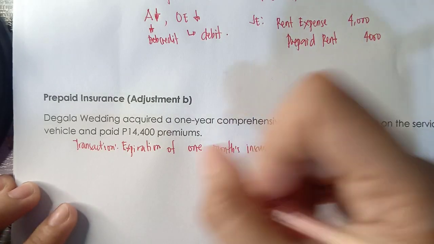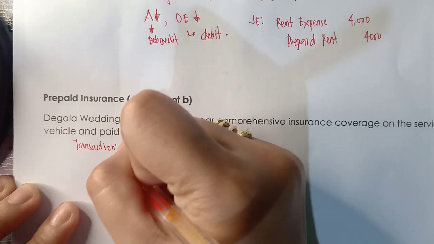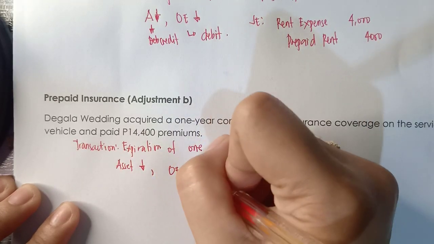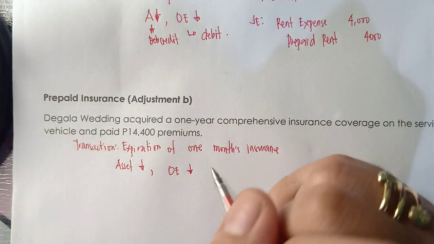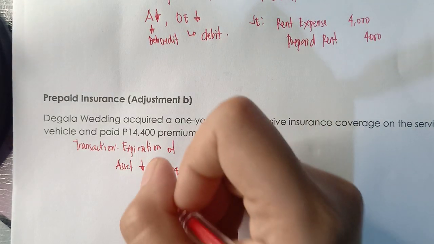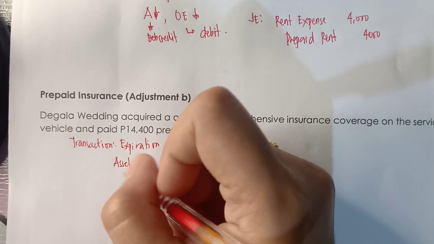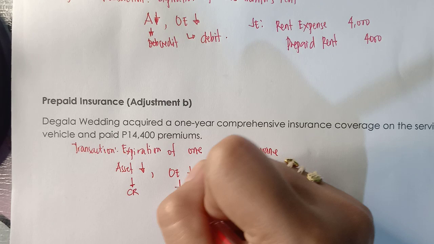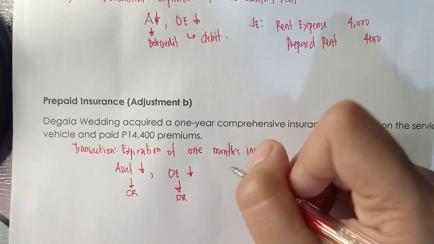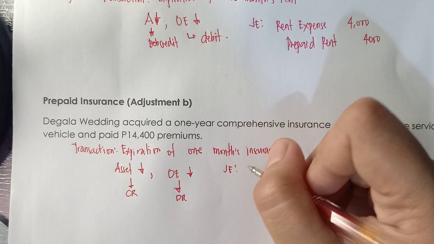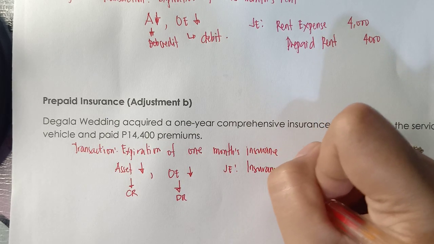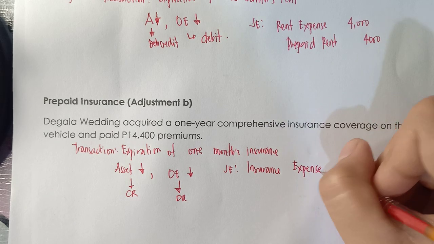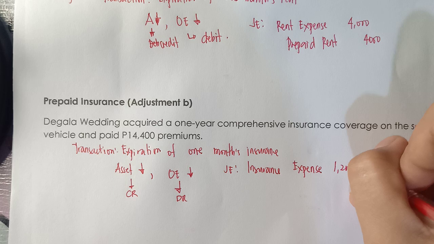So, what will happen? There is an asset decrease and owner's equity also decreases, because the prepaid insurance has expired. When the asset decreases, credit, and debit for the equity. So, the journal entry should be insurance expense. Because the insurance has expired, we have to debit the insurance expense worth 1,200.